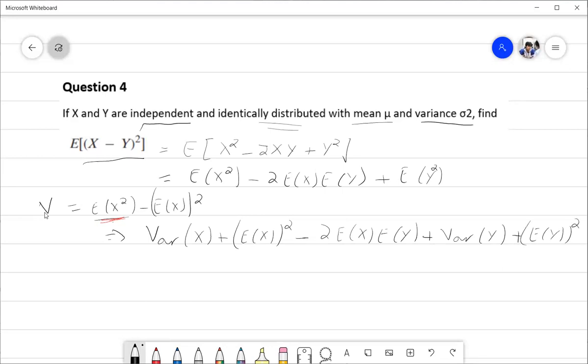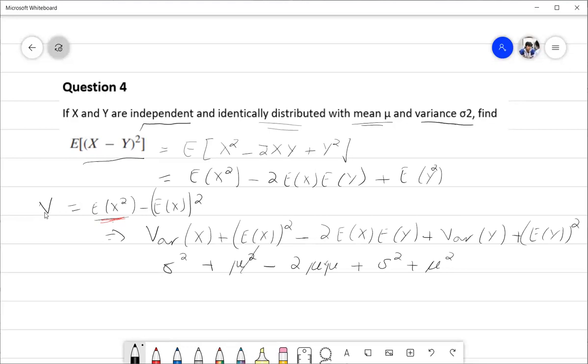Now, because they've said that x and y are independent and identically distributed with mean mu and variance sigma square, both of them will have the same parameters. So I just have to input this. This will be sigma square, this will be mu square, this will be minus 2 mu into mu, plus sigma square plus mu square.